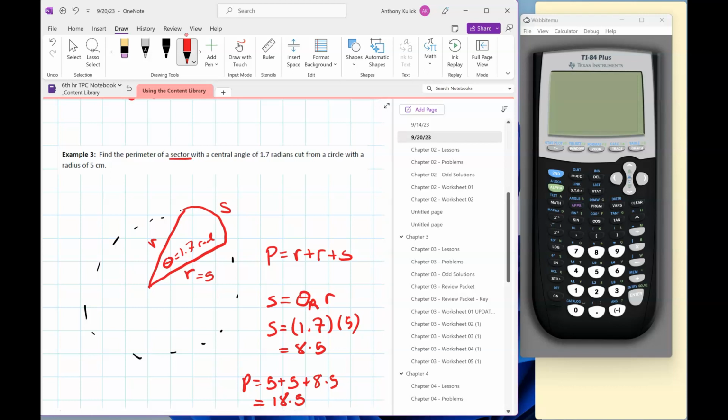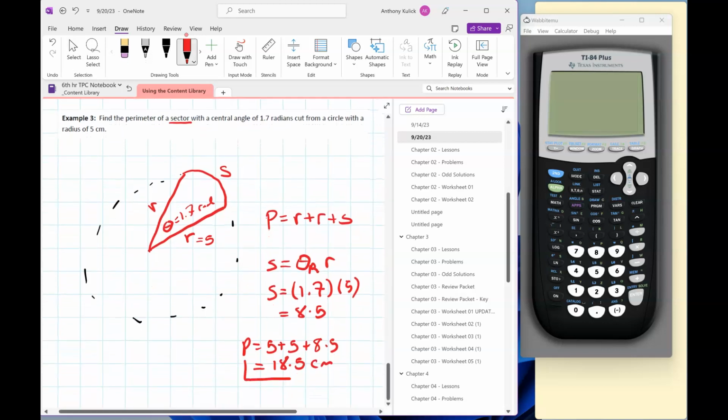And the unit here should be centimeters. Everybody's cool with this? Again, pretty easy, right? Once we understood what a sector was. Okay.